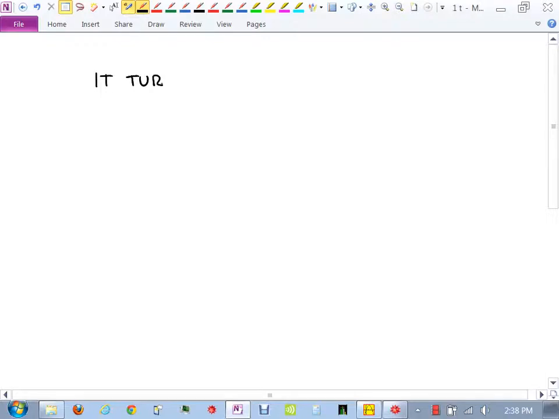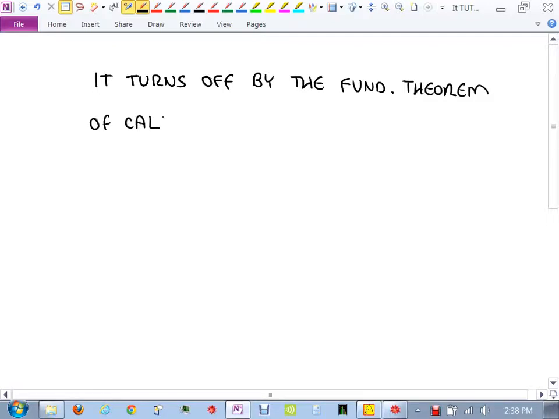It turns out, by what's called the fundamental theorem of calculus, which I'm not going to prove in this class, okay, that we have some very, very nice relationships between that sum and the antiderivative. Okay? There's some very, very nice relationships.